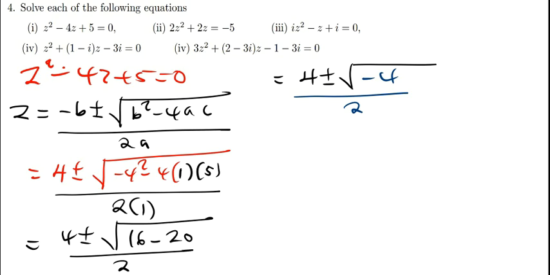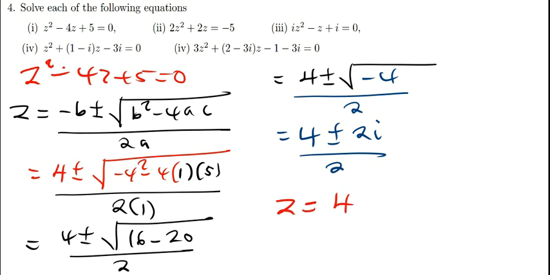So the square root of negative 4 is 2i. So I'll say 4 plus or minus 2i divided by 2. Since it is squared, we expect to have two answers. So we'll have z equal to 4 plus 2i divided by 2, or z equal to 4 minus 2i divided by 2.